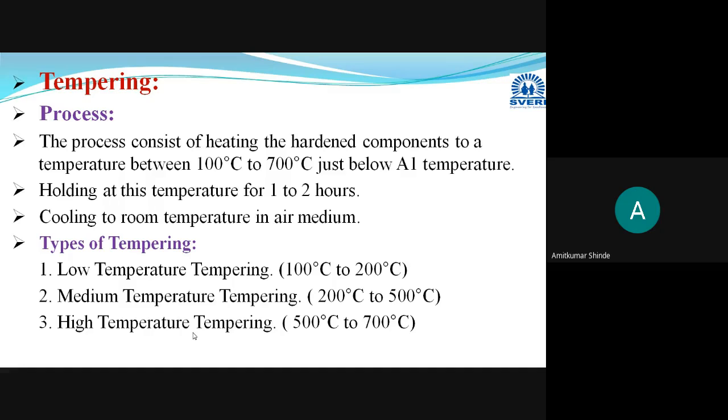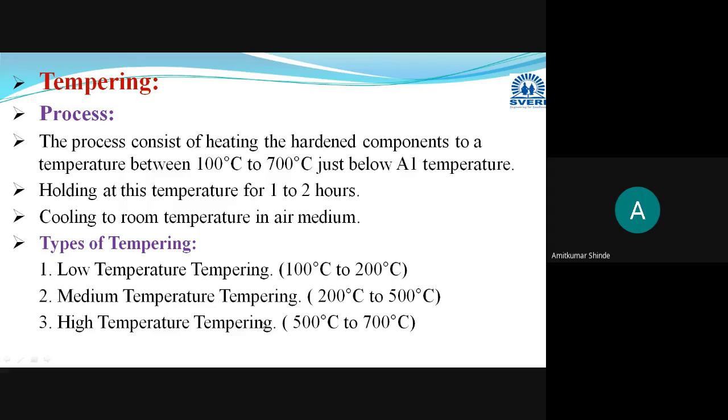Then retained austenite will get eliminated. It will either get transformed to bainite or martensite, and whichever martensite is there will get transformed to a ferrite plus cementite mixture at room temperature. Okay, the same transformations are occurring in medium temperature and high temperature tempering. Just a single difference will be there at room temperature.